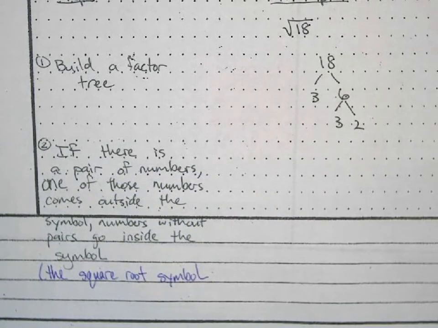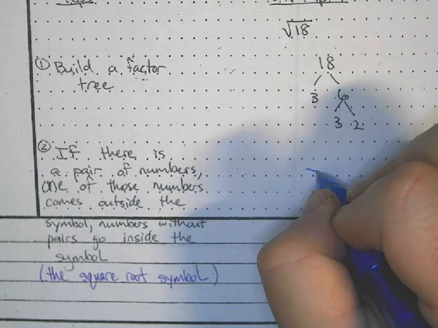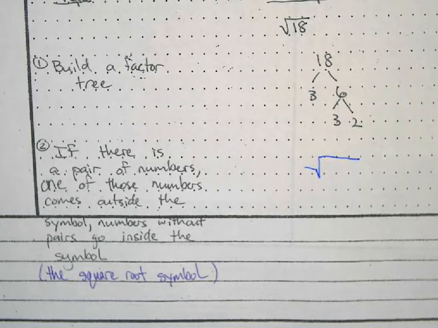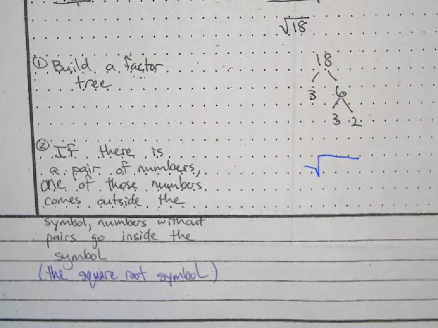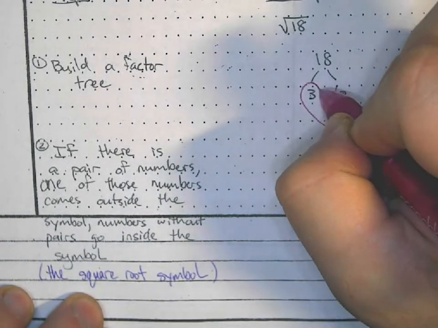Okay, so here's what I'm going to do. I'm going to go ahead and write my square root symbol. And we just have to decide what goes inside and what goes outside. If there's a pair of numbers, one of those numbers comes outside the symbol. Do we have a pair of numbers in our factor tree? We have 3, 3, 2. Well, we have a pair of 3s, so I'm going to circle that pair.